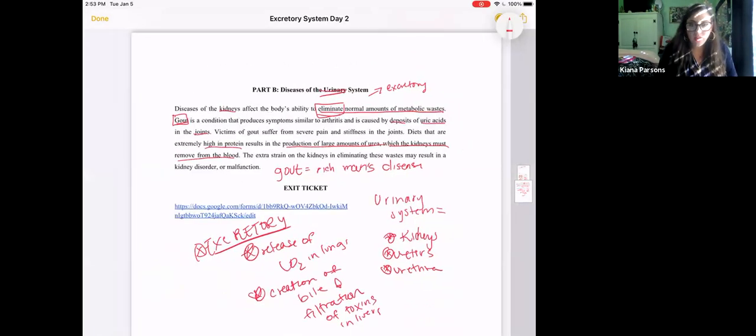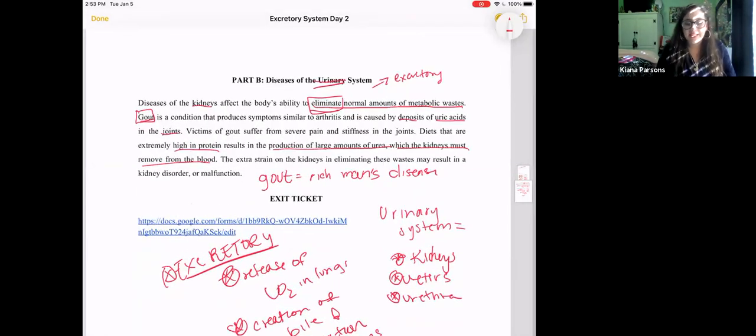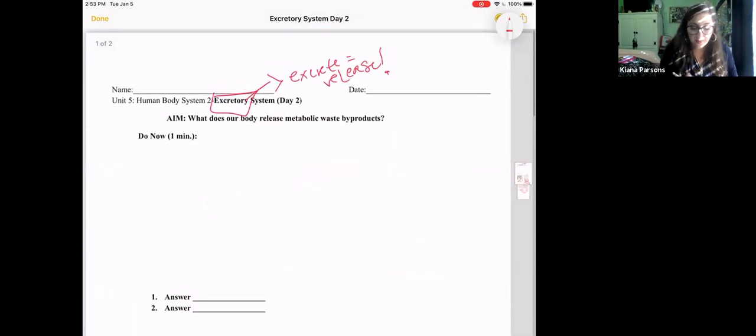But all right, that's all I have for you today. Today's aim was, we modified it a little bit. How does our body release metabolic waste byproducts? And how does our body do it?